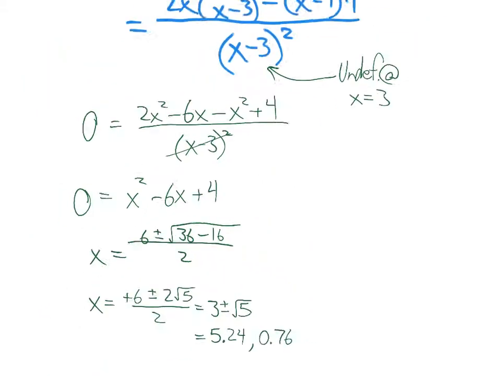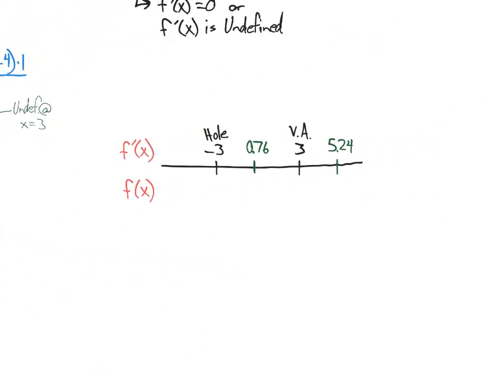Positive, positive, positive. So now I know that this is positive, which tells me my function is increasing. Wait, we're plugging this into the original, right? No, we're plugging this into the first derivative. Because the sign of the first derivative tells us the direction of the function. Increasing or decreasing.